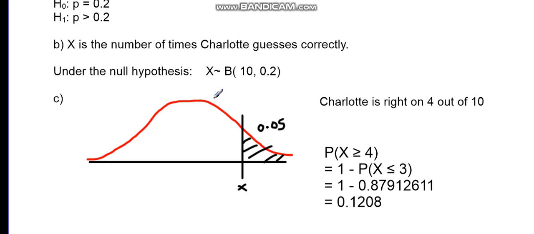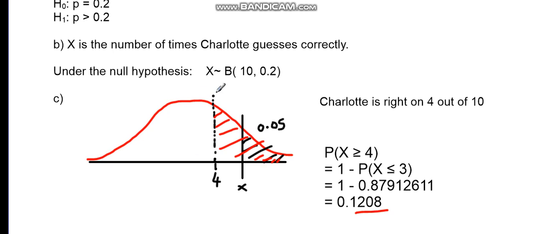So we'd want a number somewhere about here. I'd expect 4 to be about here, so that being greater than it, okay, is 0.128, so we've got a much bigger area. So this whole area here would be 0.128.